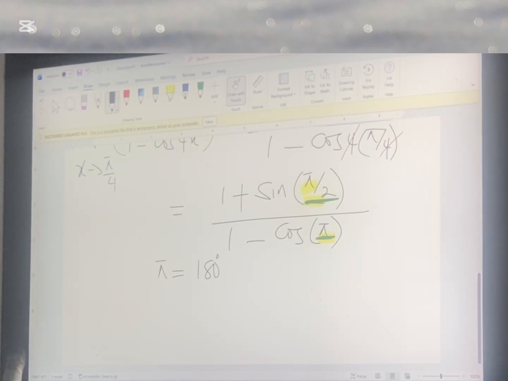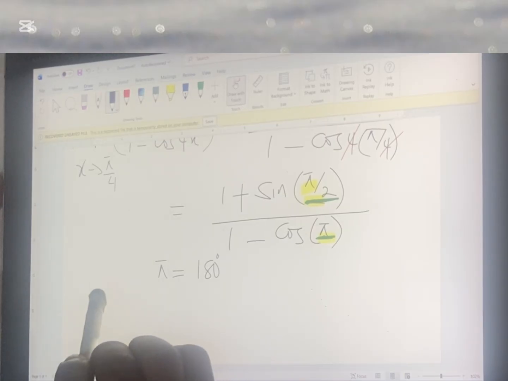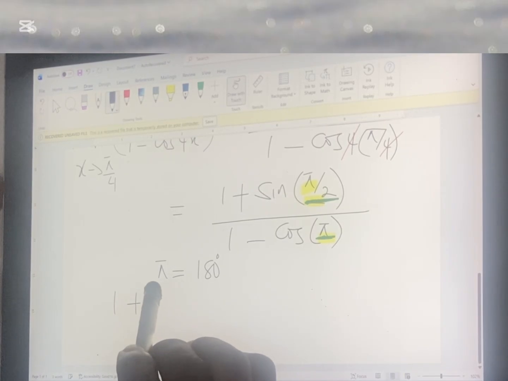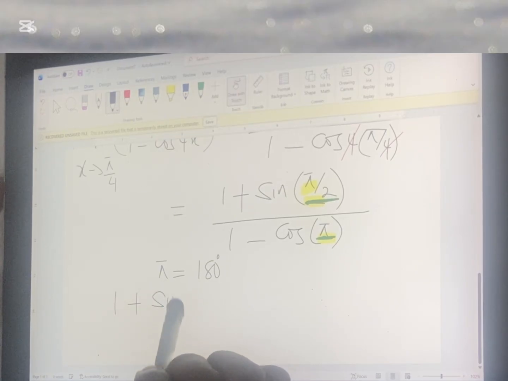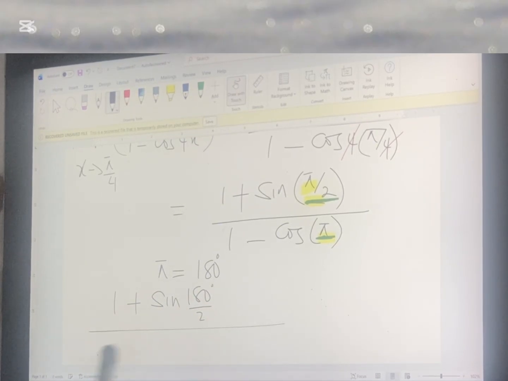So replacing 180 degrees there, this is going to be equal to 1 plus sine of 180 over 2, over 1 minus cos of 180. So punch your calculator. 180 over 2 gives us 90.